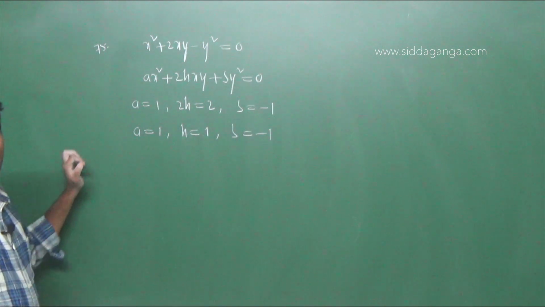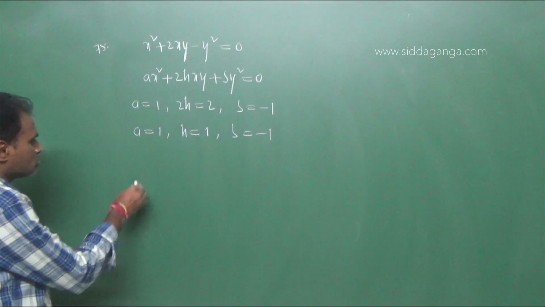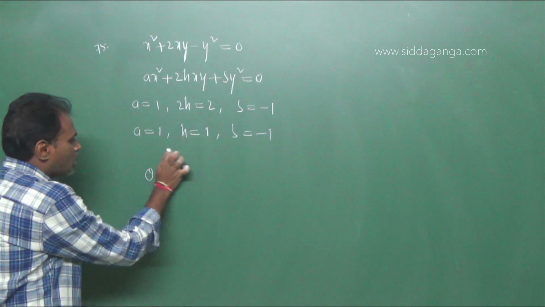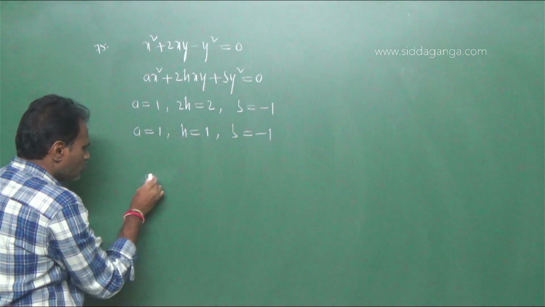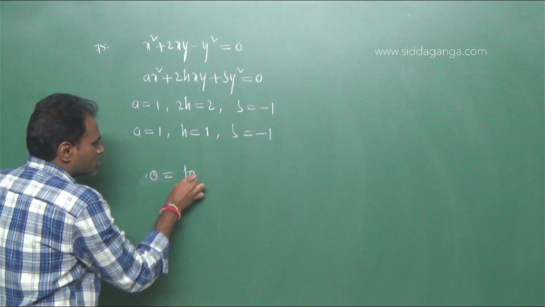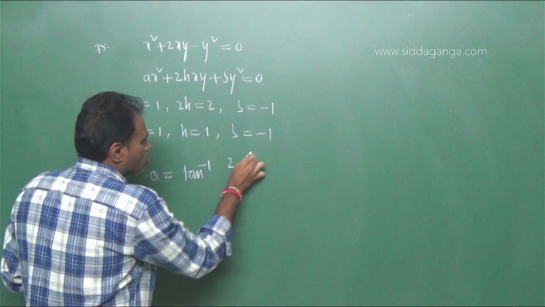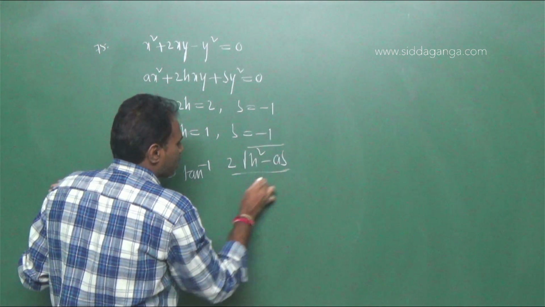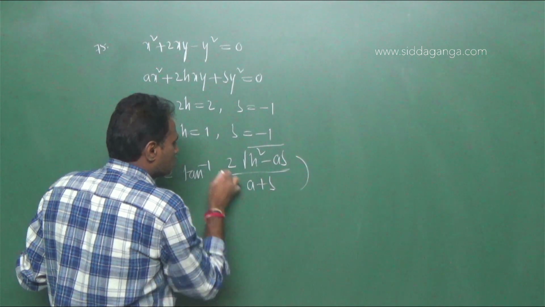Now, the angle between pair of straight lines formula is theta equal to tan inverse 2 into square root of h square minus ab divided by a plus b. This is the formula.